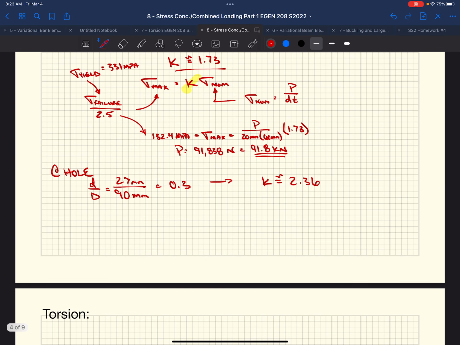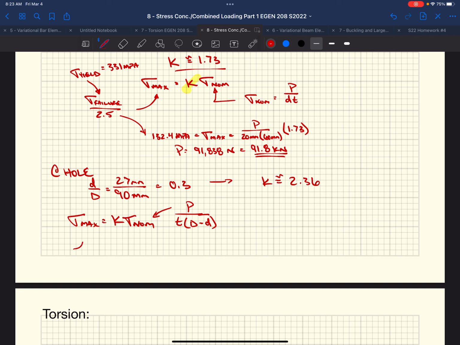Pretty close. Again, we have max stress equals K times the nominal stress, right? Nominal stress is P over T times big D minus little d, right? The material that's left.